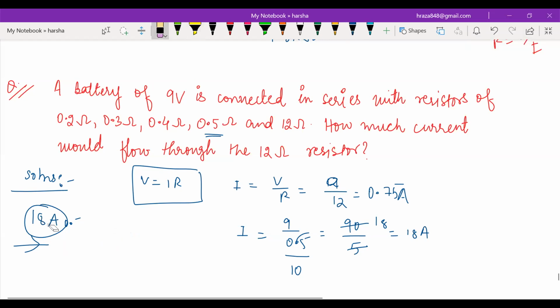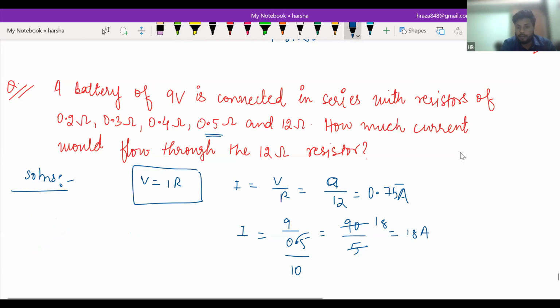So what we need to do, this is very important to note, this is all given. A battery of 9 volt is connected in series with resistors of 0.2, 0.3, and so on. So what we need to do is V is equal to IR, and we need to calculate I, right?